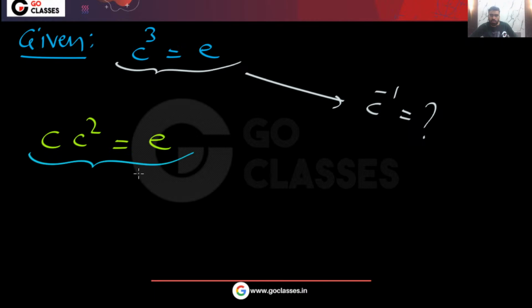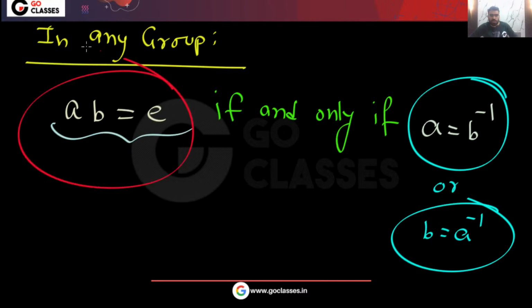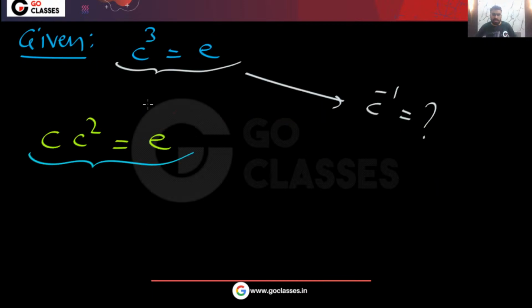Now you can use this property. If AB equals E, then A will be B inverse, and B will be A inverse. Yes or no? So you can see C times C square is equal to E. So from here, this will happen if and only if C equals C square inverse, or I can say C square is equal to C inverse. Is this clear?